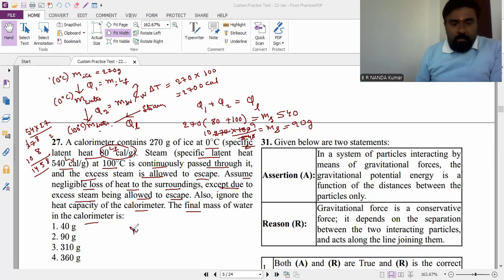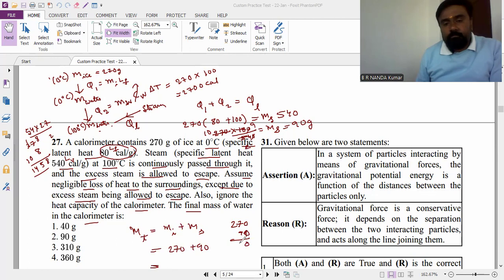So total mass is mass of ice plus mass of steam. So mass is 270 plus 90, that is 360. So this is 360 gram. Final mass of water in calorimeter is 360 gram. The right answer is the fourth option.